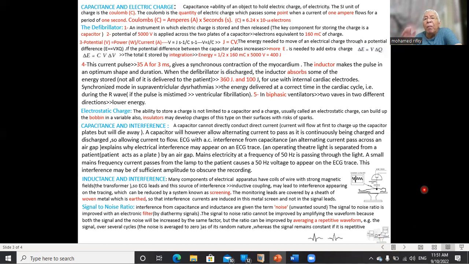Of course, in the defibrillator, the energy required, as we said, is the volt times the coulomb, which is the energy required to transfer the electrical quantity between the two plates. So it is a matter of the volts and the coulombs.